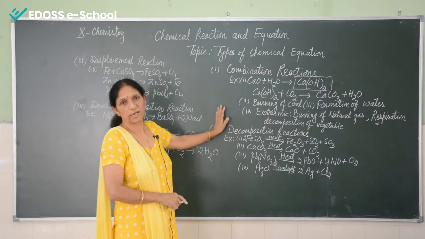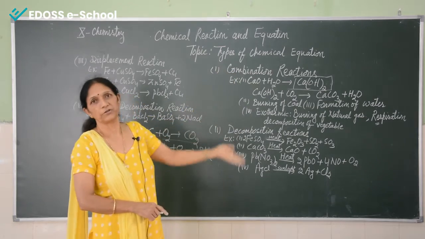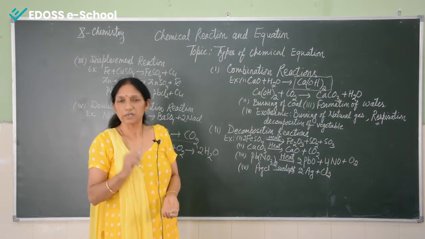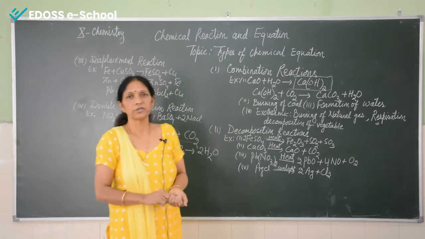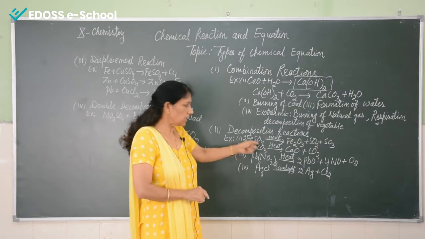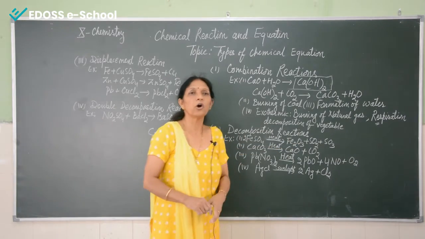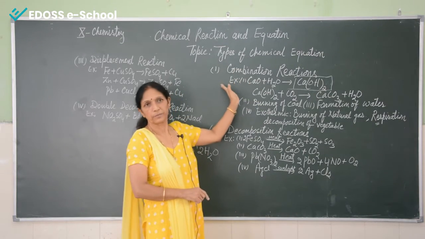Now coming to the second type. The second type is just the opposite of combination. There, reactants combine to form a single product, and here decomposition reaction means a single reactant decomposes into two or more products.